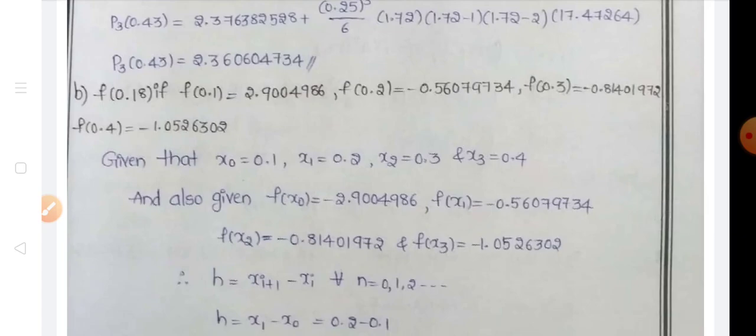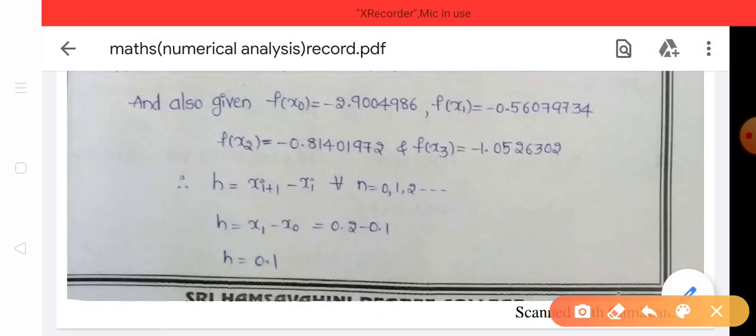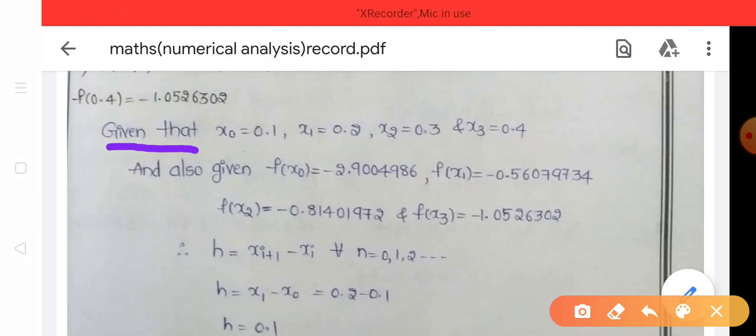Given that x naught equals 0.1, x1 equals 0.2, x2 equals 0.3, x3 equals 0.4 and also given f of x naught equals minus 2.9004986, f of x1 is equal to minus 0.560799734, f of x2 equals minus 0.81401972 and f of x3 is equal to minus 1.0526302.